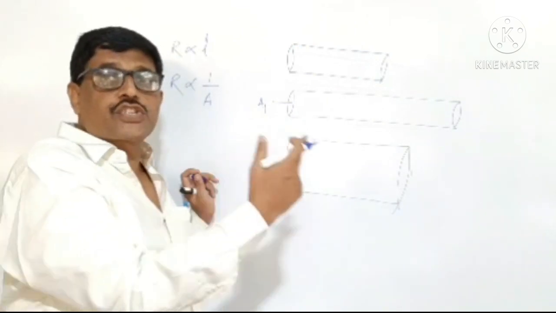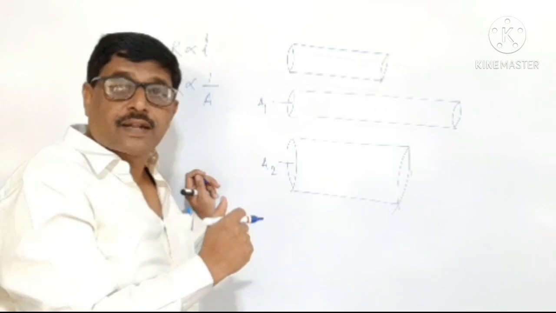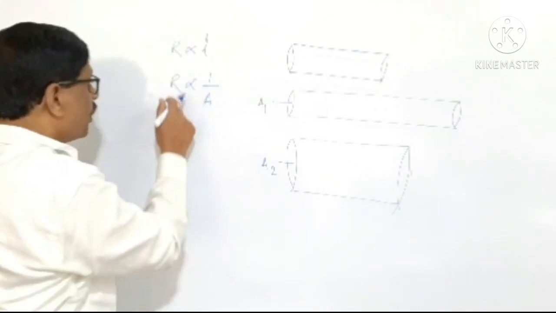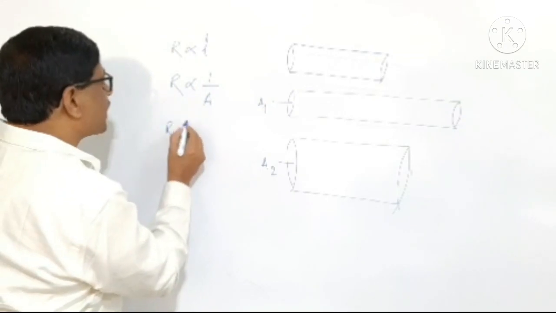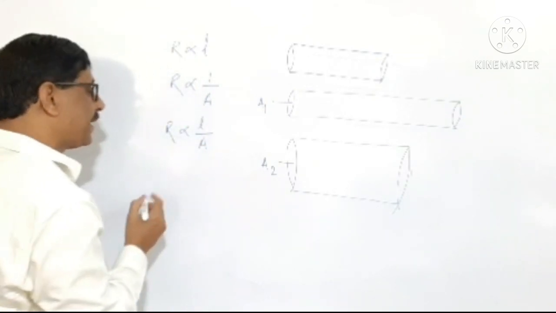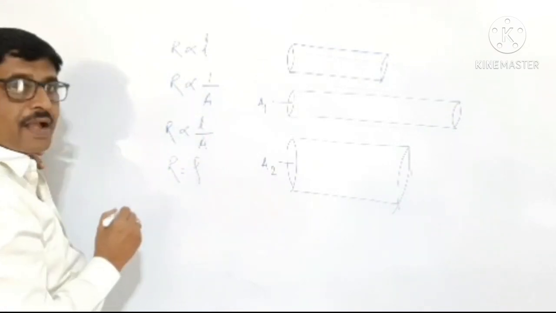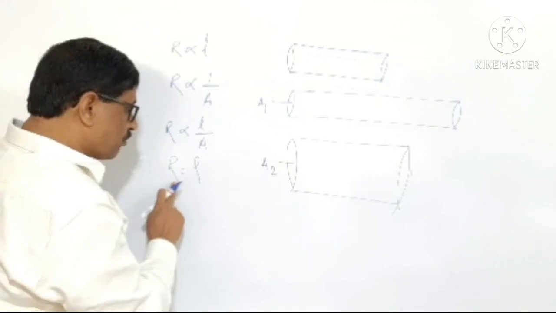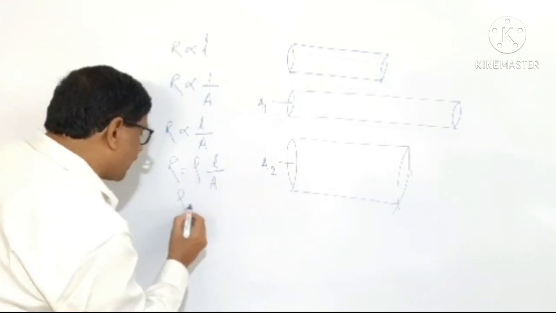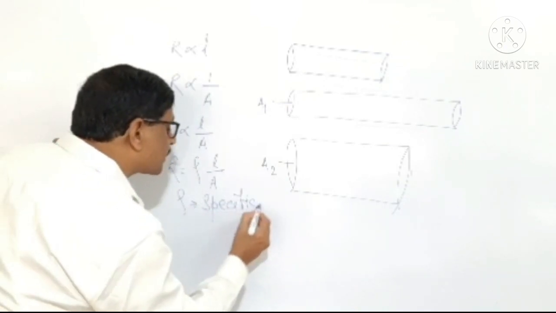Therefore, the resistance of a given conductor is directly proportional to the length and inversely proportional to the cross-sectional area. If you bring these two together, the resistance is directly proportional to L by A, and in order to remove this proportionality constant, I will write R is equal to rho into L divided by A, where rho is called the specific resistance.